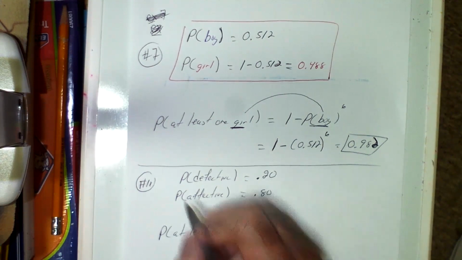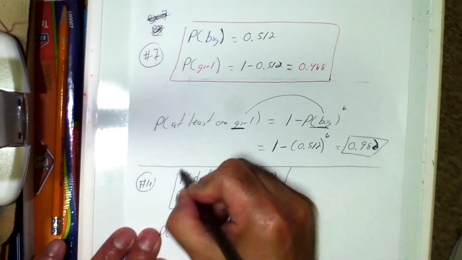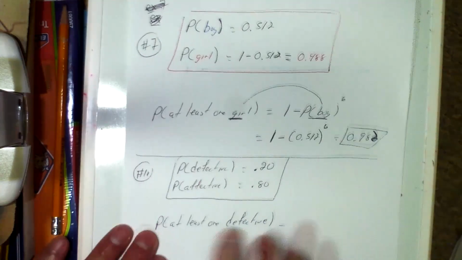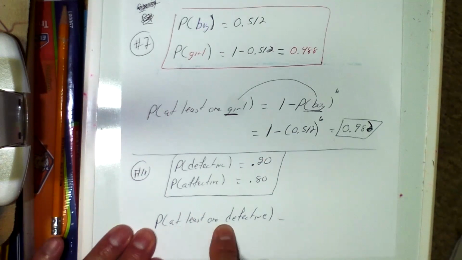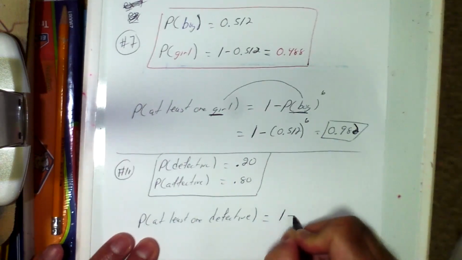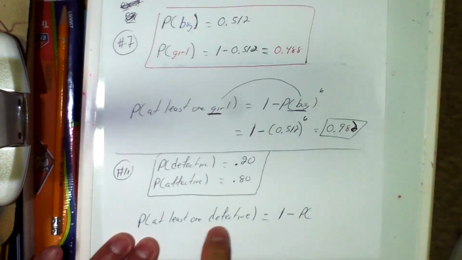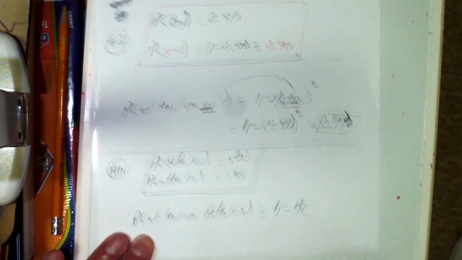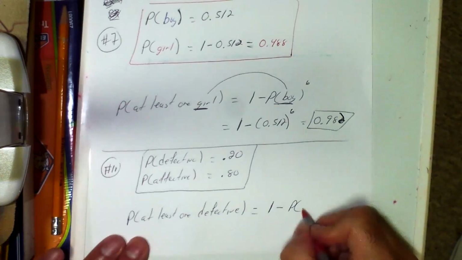So we've got the two variables, the defective and the effective, and now I'm going to find the probability of at least one defective. I'm going to use my formula. It's 1 minus the probability of, remember it's going to be the opposite, so this should be the effective.